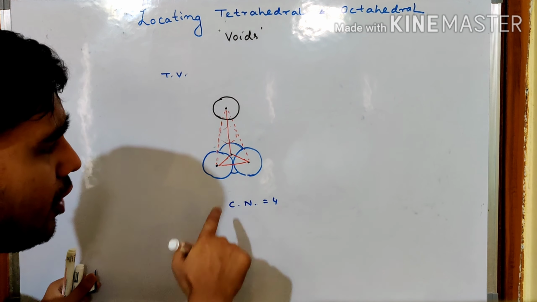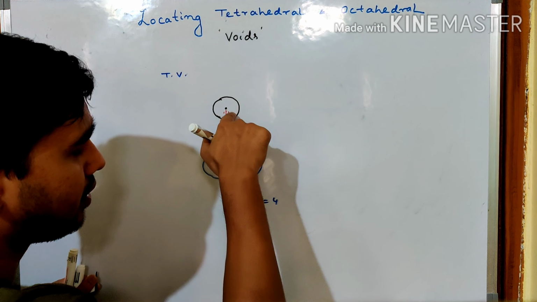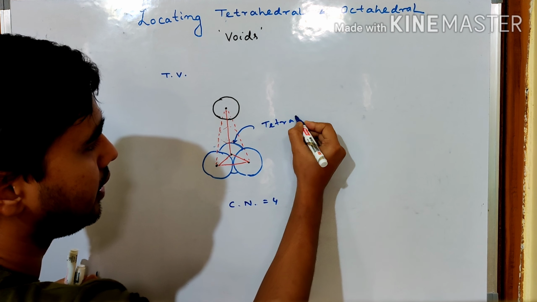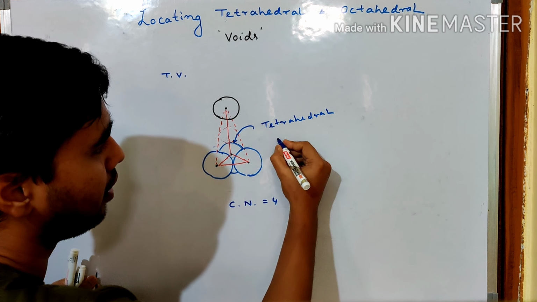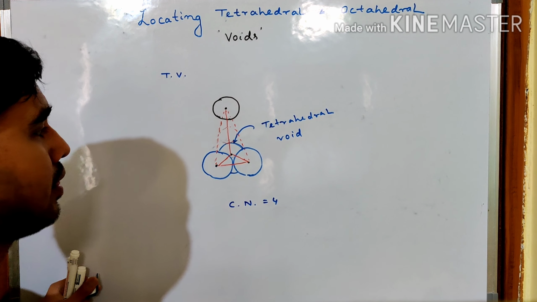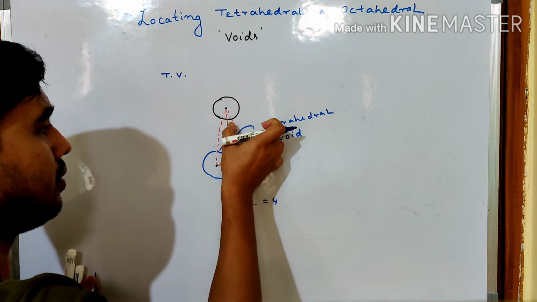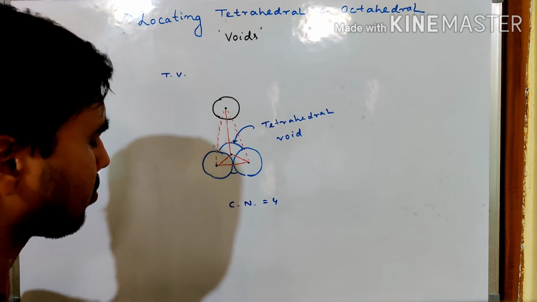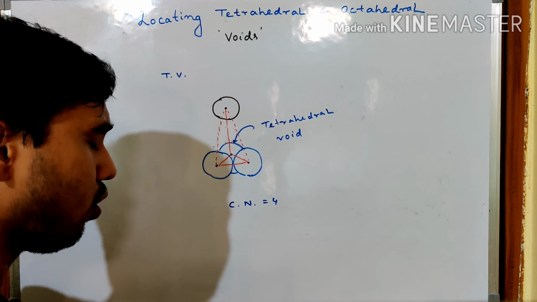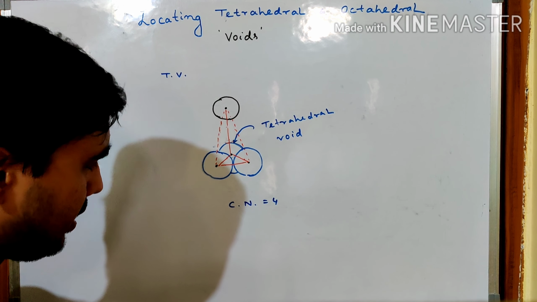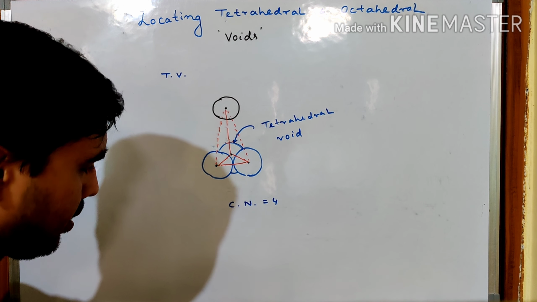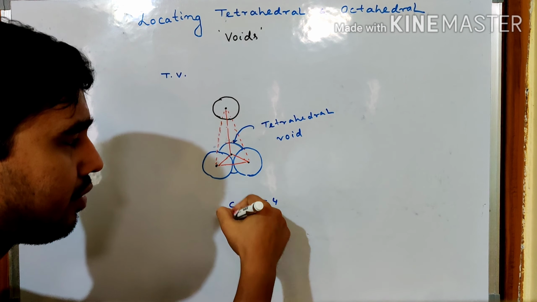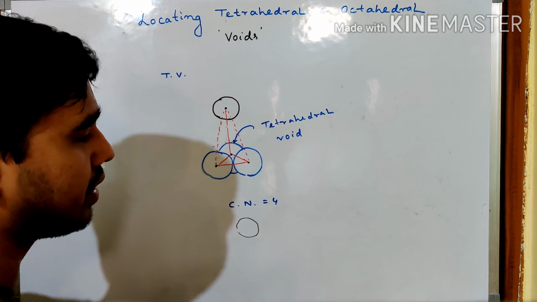Secondly, I hope you have all imagined the tetrahedron that is being generated. This one is a tetrahedral void, and at the same time, it is also quite easy to understand that if there was another atom on this side, another tetrahedral void can be generated.